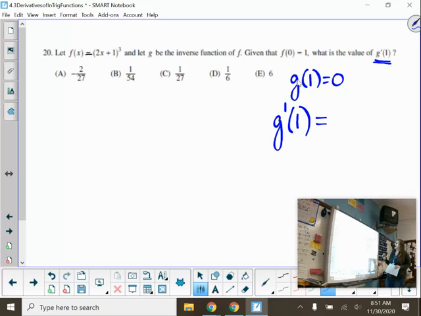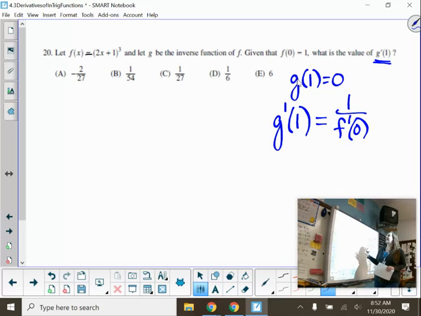According to the previous formula, g prime at 1 is going to be equal to 1 over f prime at 0, again because g of 1 is equal to 0. So that's where that relationship comes in.